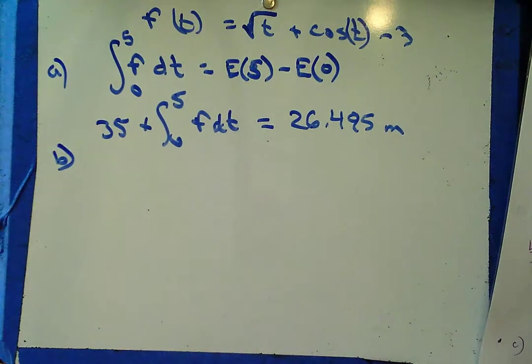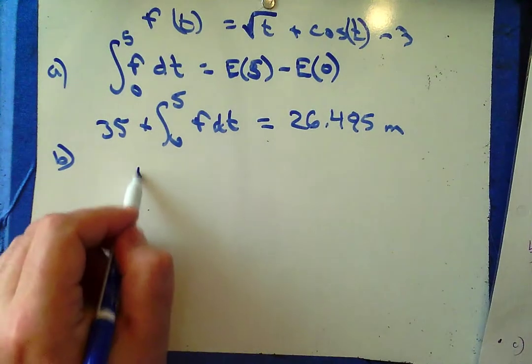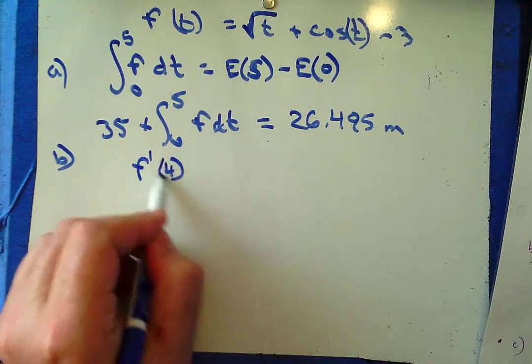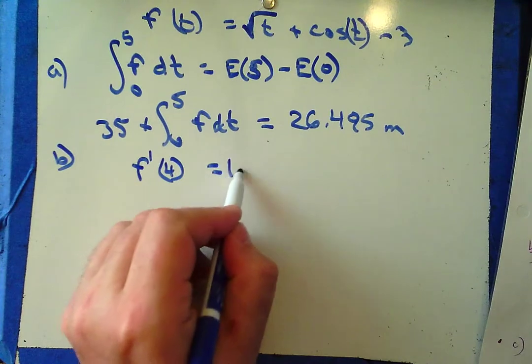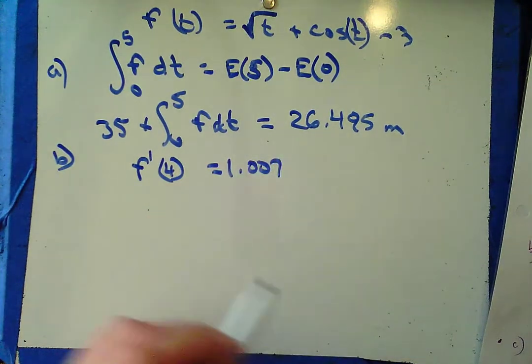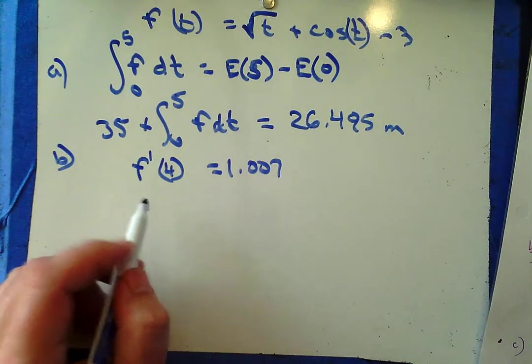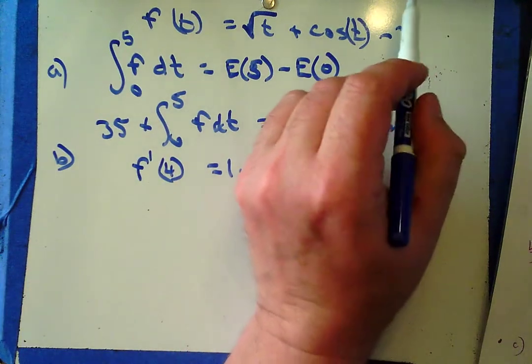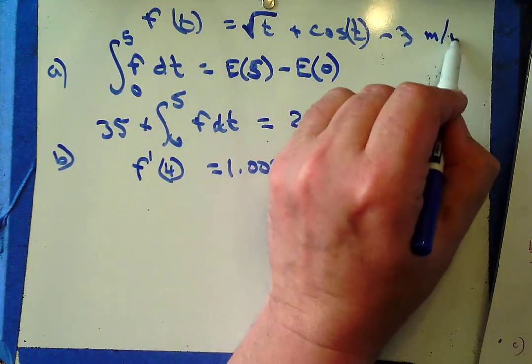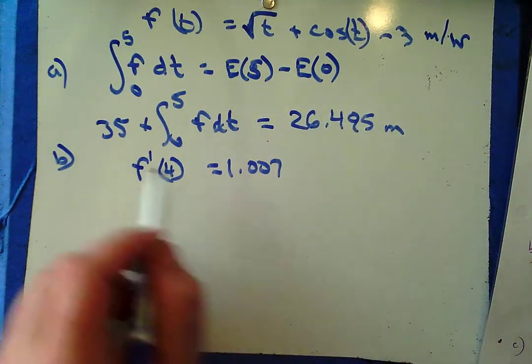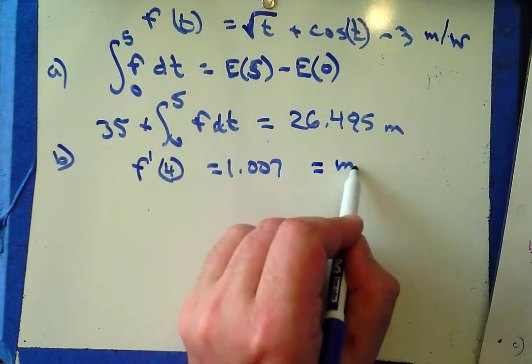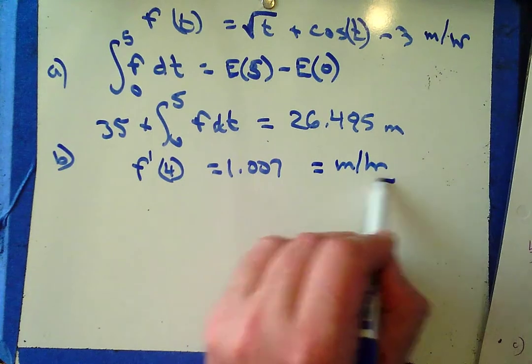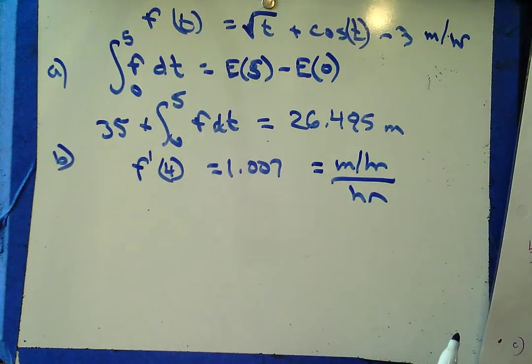Part B. Part B says, using correct units, interpret the value of f prime of 4 equals 1.007. Well, I know that the units on f are meters per hour, and f prime would be meters per hour over hours, right?